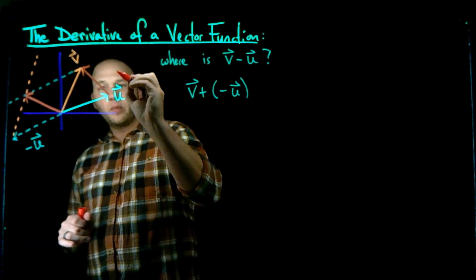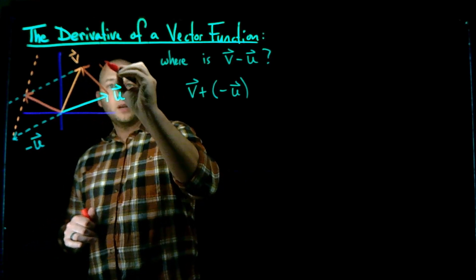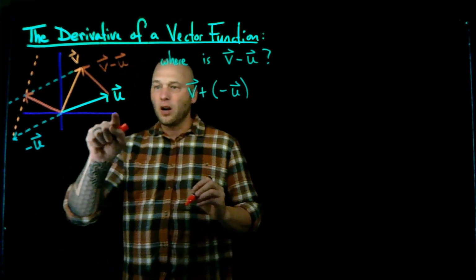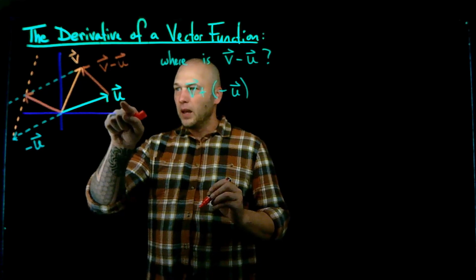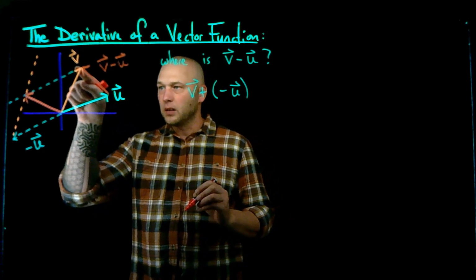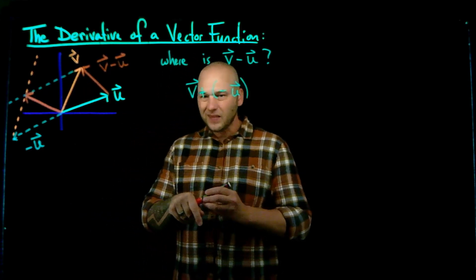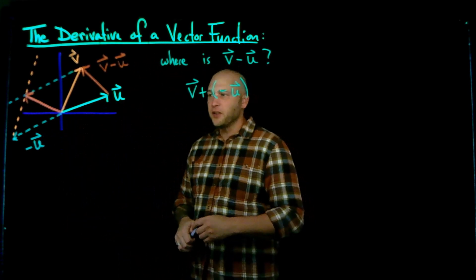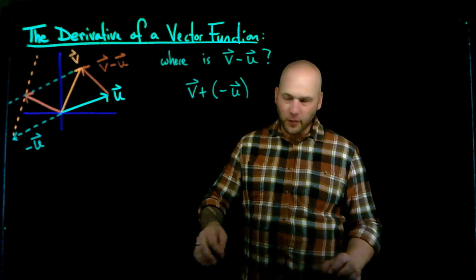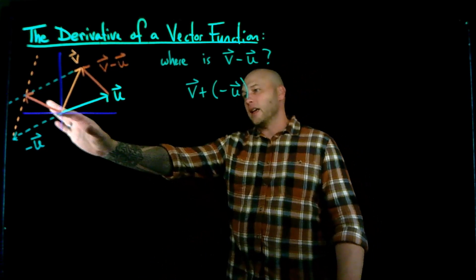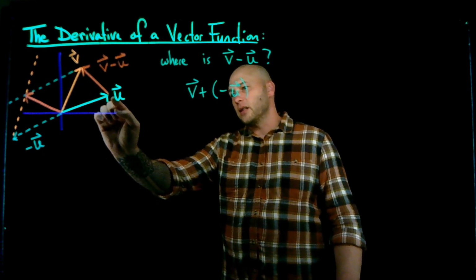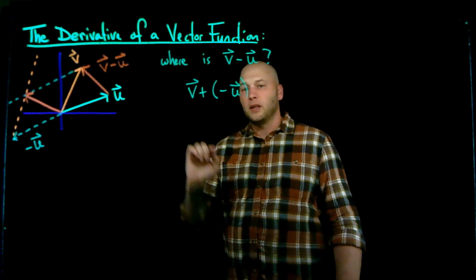So this right here would be the vector v minus u. The idea is it starts at the tip of u and terminates at the tip of v. I know those don't look like they're necessarily the same vector, but it's sketched on a screen here, so bear with me. The difference v minus u starts at the tip of u and terminates at the tip of v.